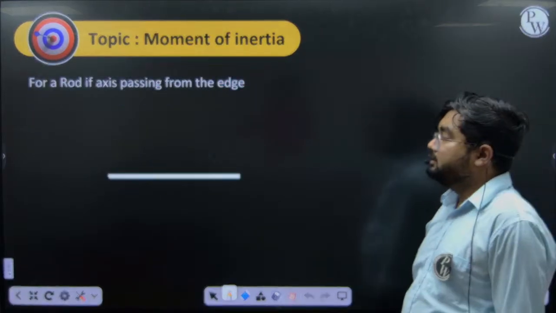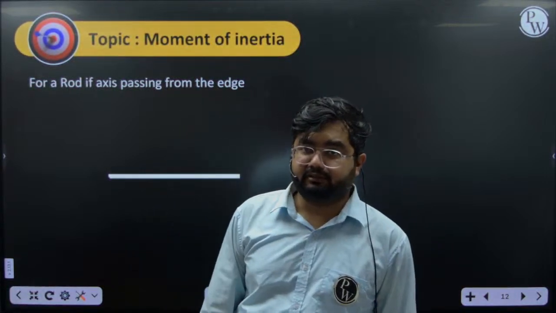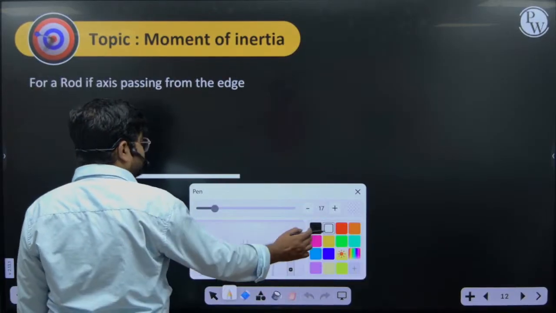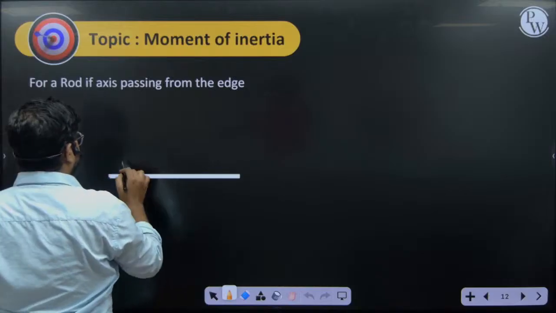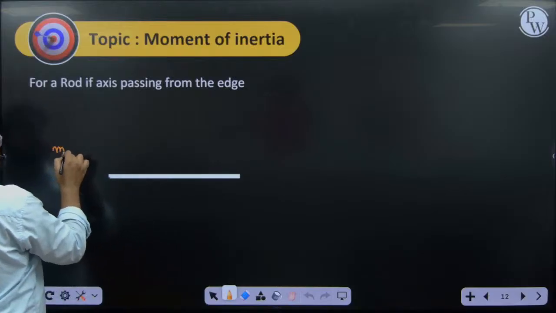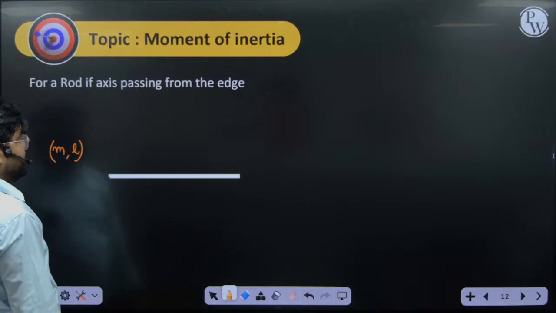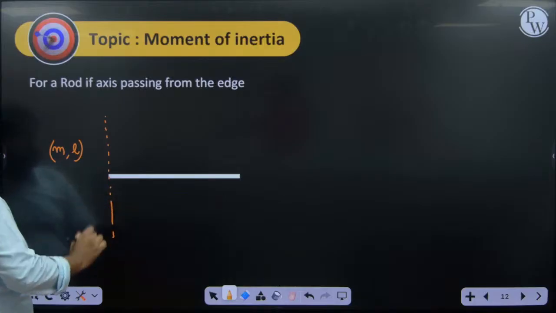Now we will write down some moments of inertia that we need to memorize. We have to memorize these formulas for the examination. So for a rod, let's say this is a rod of mass m, length l. This is an axis passing through its edge.